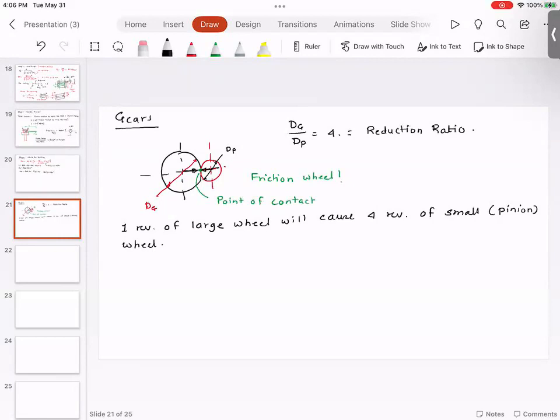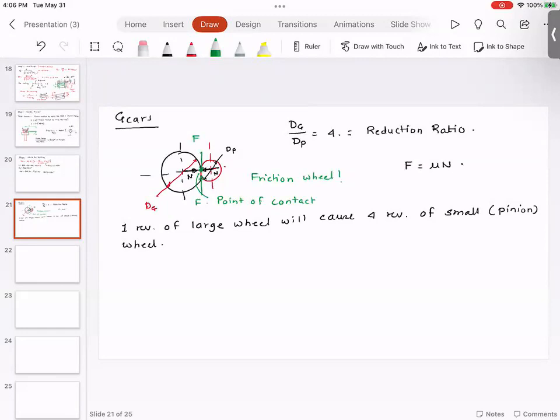So you have the normal reactions N, you have another normal reaction N over here, and the frictional force that is generated because of the normal reaction is F is equal to mu times N. And that frictional force F is causing this power to be transmitted.